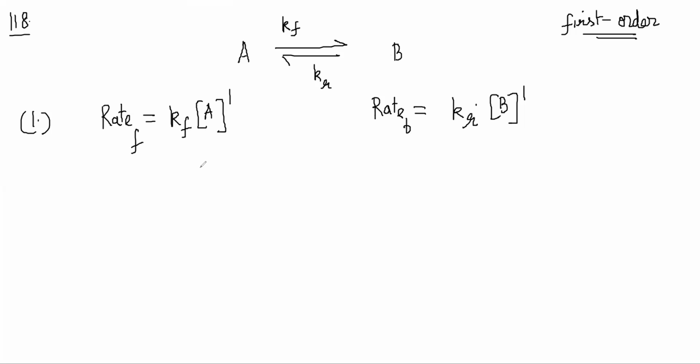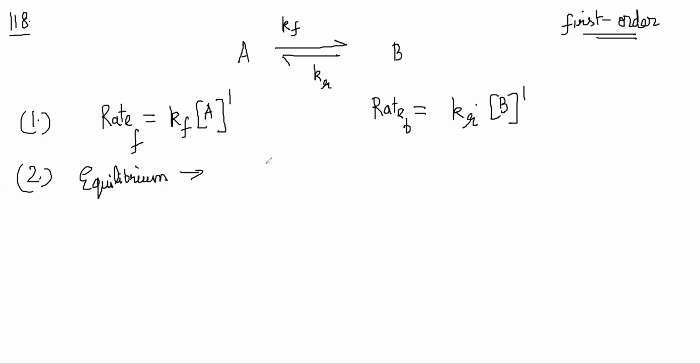So at equilibrium, what happens is that the forward rate and the backward rate become equal. The reaction is equally fast in both the directions, right? So initially, if you think about it, the reactant mixture is mostly just A, right? Initially, when you start, you have A, right?